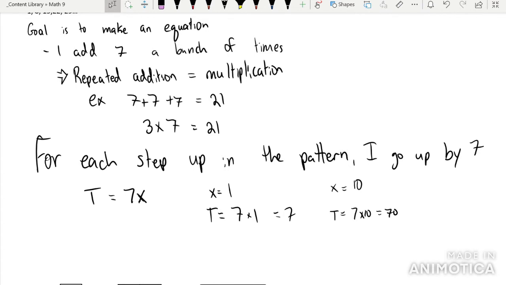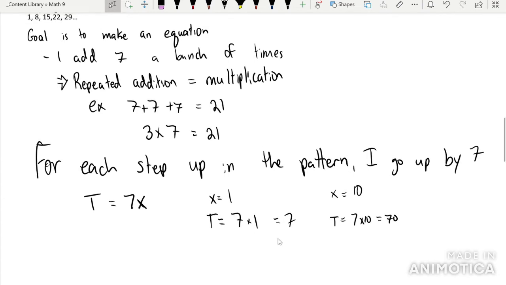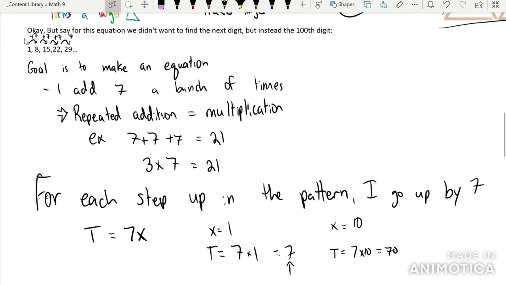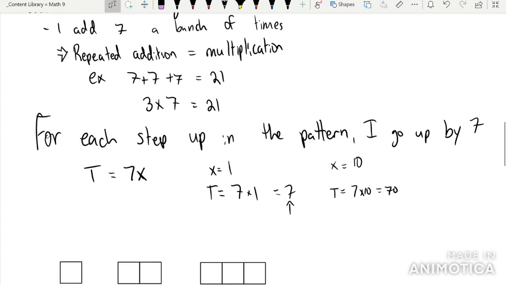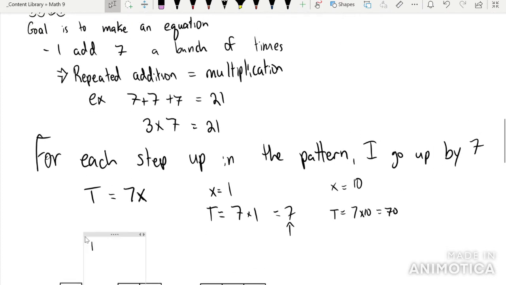Now the issue is 7 actually isn't in my pattern. So I need to think about where I'm going to start. I actually start at 1. So a good place to start would be, I notice that each one of these is 1 above. So I'm going to start with t is equal to 7x plus 1.